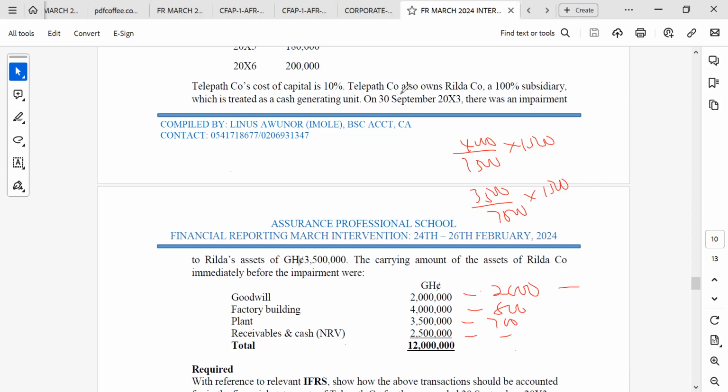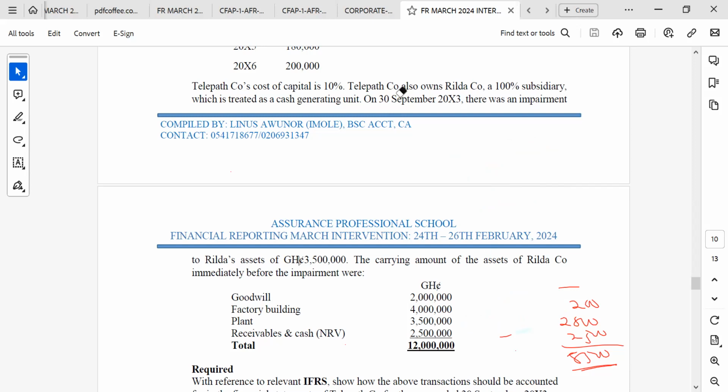This will be dash. This will be 3,200. This will be 2,800. And this will be 2,500. So you now find your total amount. This will be 8,500. That will be the carrying amount after the impairment. The focus is not here because this is very straightforward.